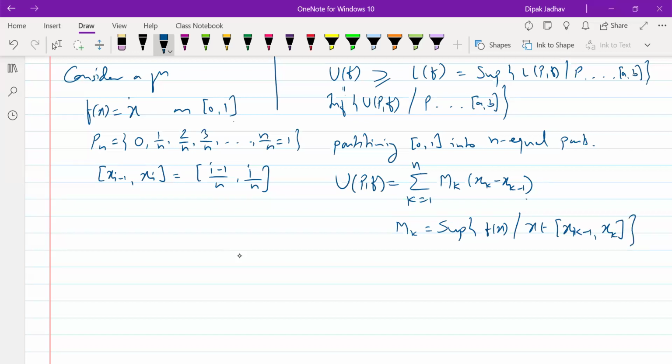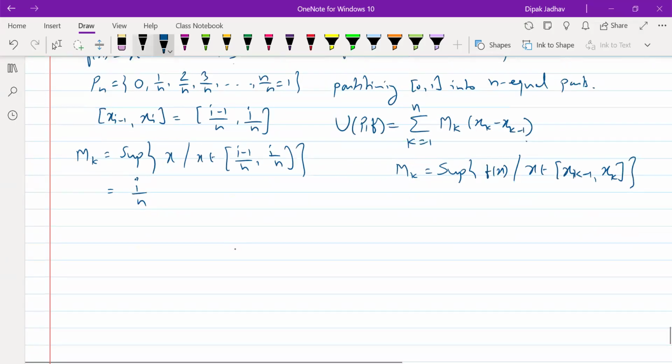Okay, so let's compute M_k here. M_k is the supremum of f(x), that is x, where x belongs to (k minus 1) by n comma k by n. So what is the supremum? What is my function? x itself, the identity function. So the supremum will be the right extreme.